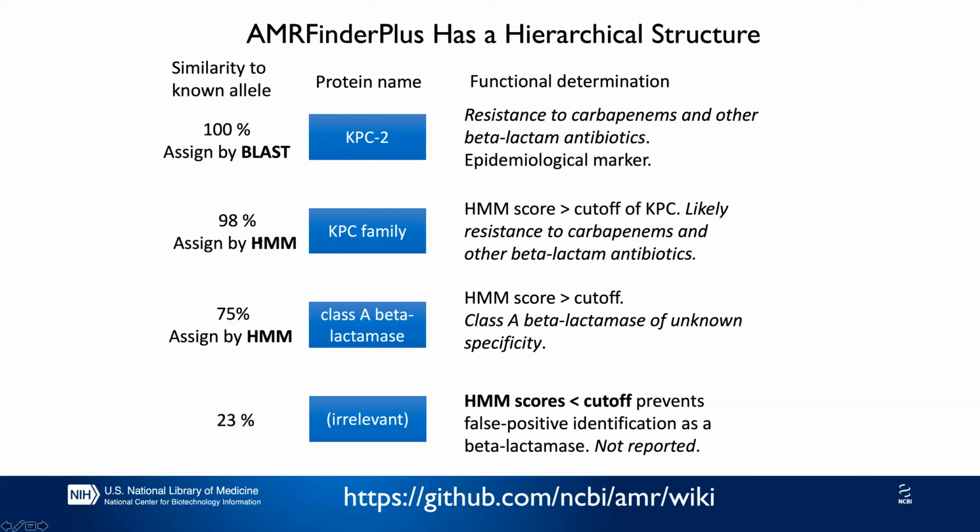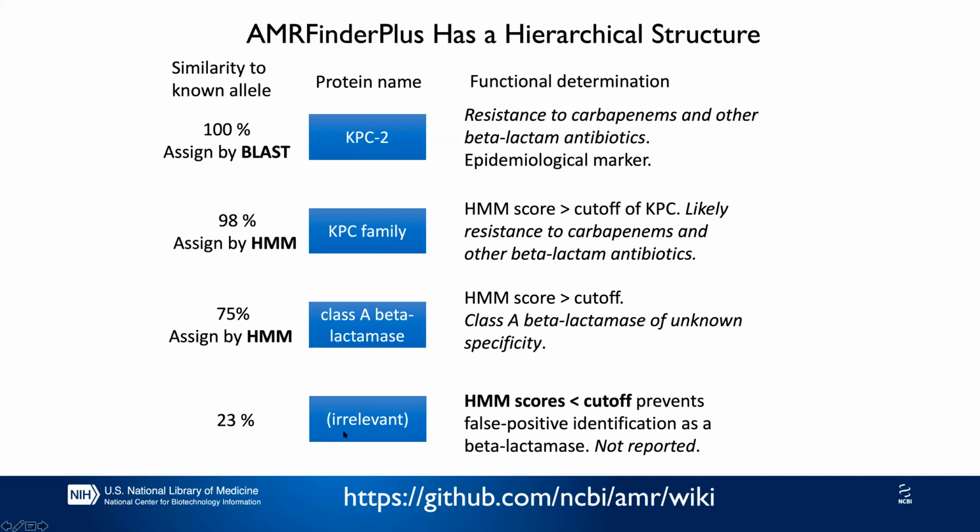But we may find something that's a little more divergent, and we can say it's in the KPC family. And this is identified by the HMM. It's likely resistant to carbapenems and other beta-lactam antibiotics, but there may be some variability in that. And then if we find a more distant protein that doesn't really seem to match anything, we may only be able to say, based on a larger-scale HMM where we take all the class A beta-lactamases and look at them, that, well, it's a class A beta-lactamase.